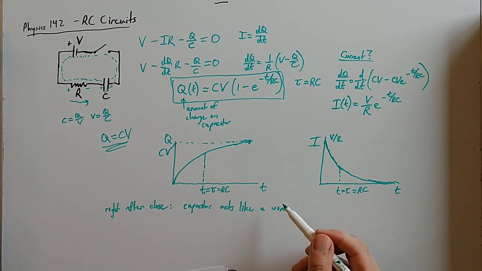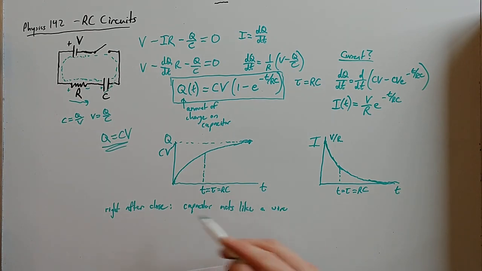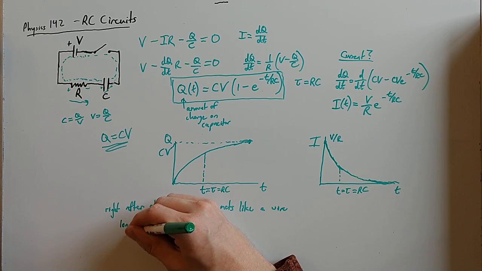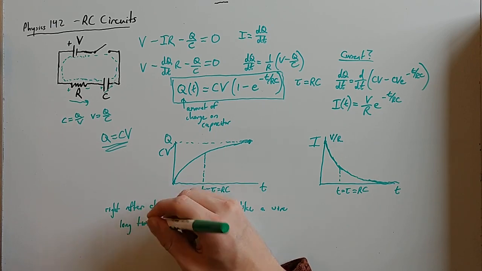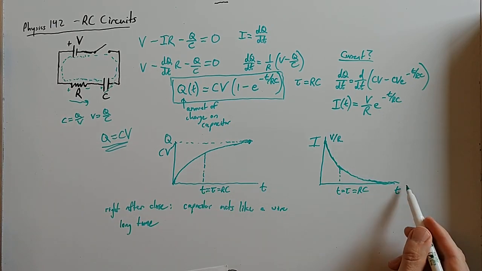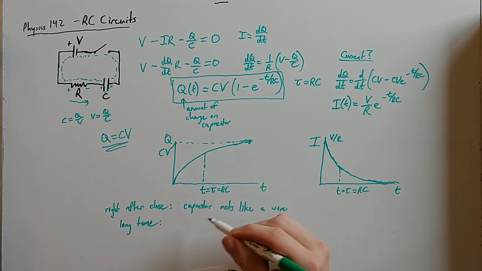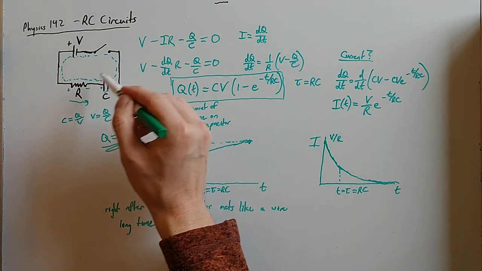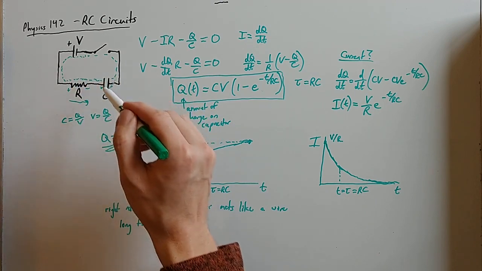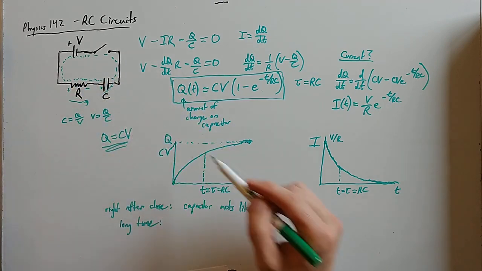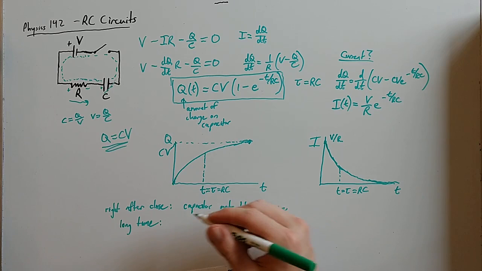However, if instead we think about a long time later, after a long time, the current has essentially dropped off to zero, because it's fully charged up. So after a long time, you've no more current flowing. Essentially that capacitor is then acting like an infinite resistor.